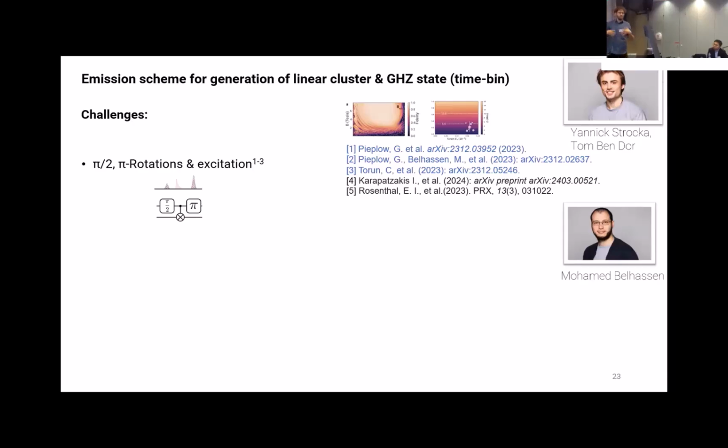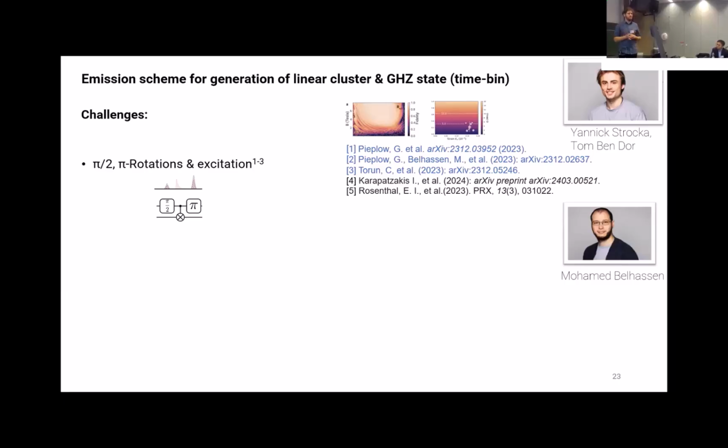You can always write down these control sequences, but once you try to benchmark them or assess how well you can do them, you have to take into account all the details, like the higher excited states, and also there are many interactions that will screw with your microwave control. So you have to work a little bit harder to figure out how well these can actually work.